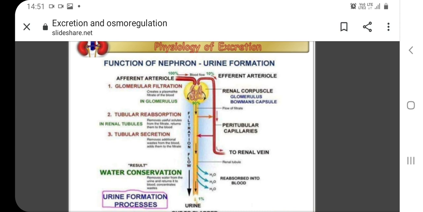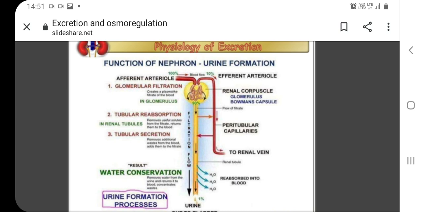Almost all solutes except for proteins are filtered out into the glomerulus by a process called glomerular filtration. In the second step, the filtrate is collected in the renal tubule and most of it gets reabsorbed in the proximal convoluted tubule by a process called tubular reabsorption.